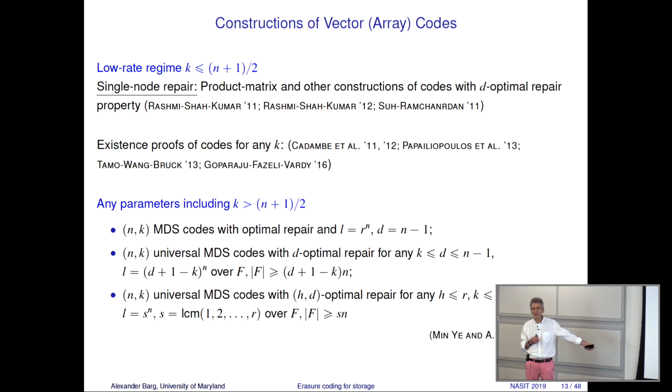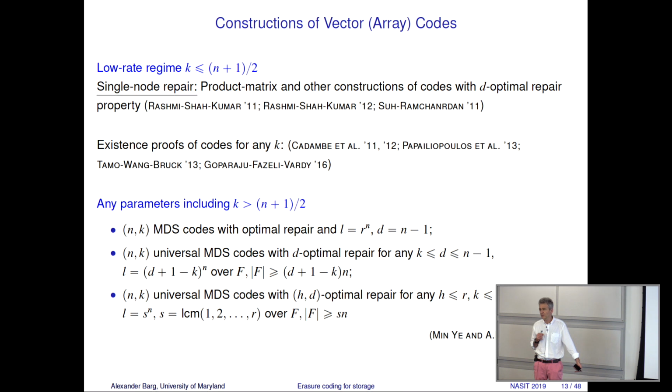You might say, well, you say that the field is small, but every column there, every vector is of exponential length. Is that a cheating of sorts? You moved the size of the field into the length of the column, and you are now saying that the field is small, but the sub-packetization is exponential. Yes and no. I will show to you that exponential sub-packetization is necessary in these problems.